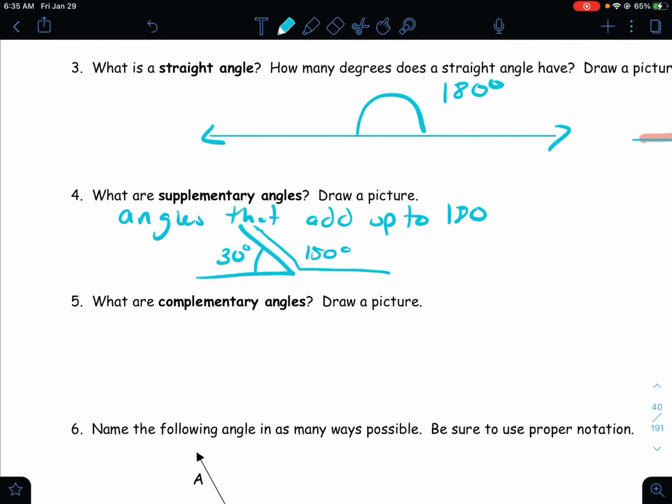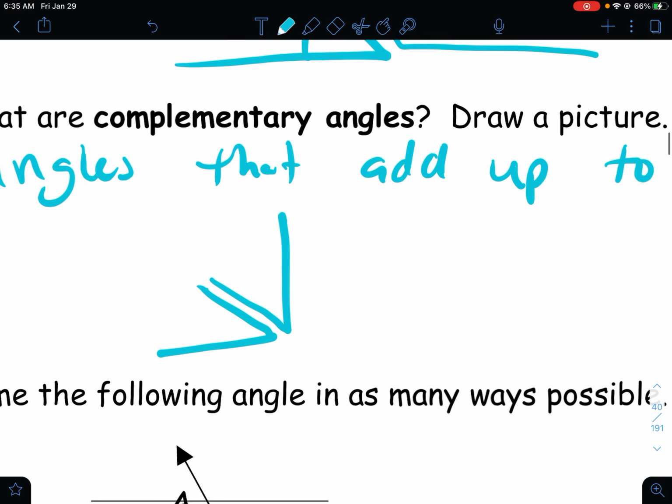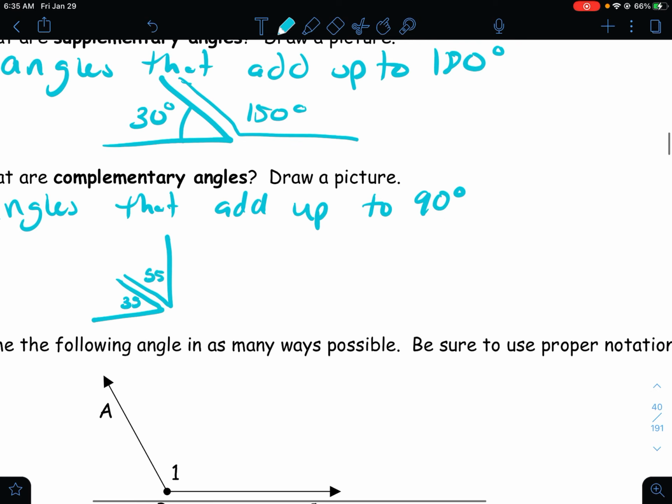Complementary angles. So complementary angles are angles that add up to 90 degrees. Actually, I guess I should say 180 degrees. 90 degrees. So we could say, that works. And we'll do 55 and 35. All right.